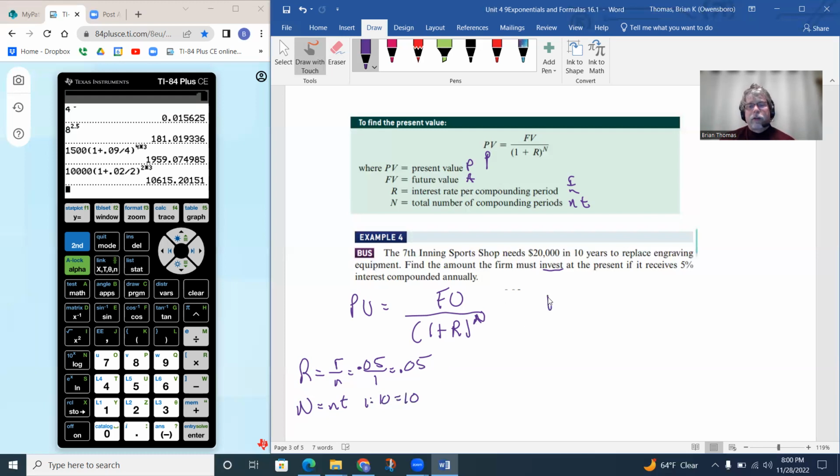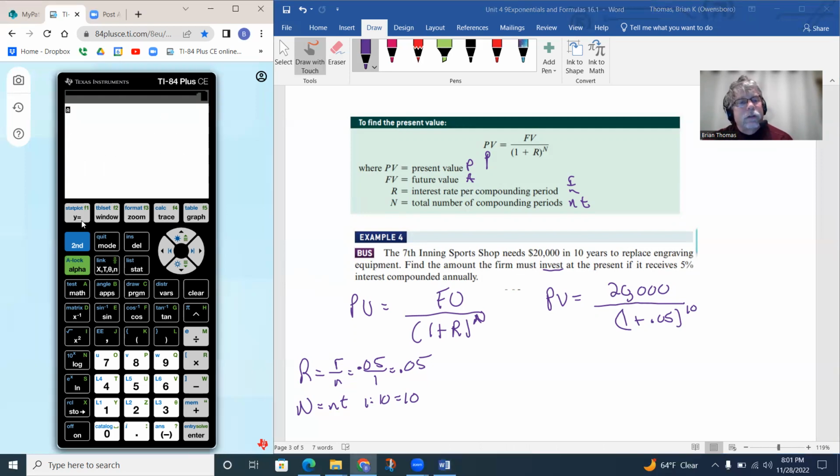So to find my present value investment, our future value is going to be the 20,000. And we're going to have this 1 plus R, which is 0.05, raised to the N, which was 10. So if we do that math there, that'll tell us what we need to invest at this point here to make the 20,000 in 10 years.